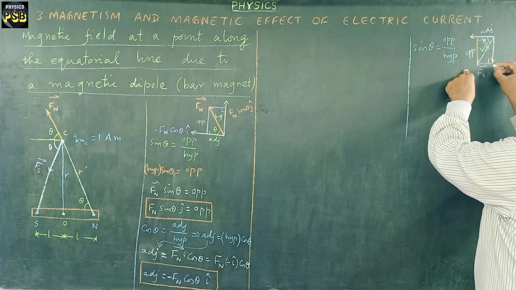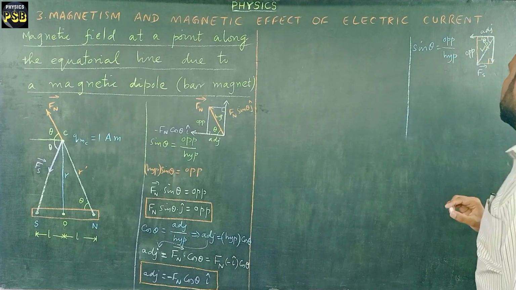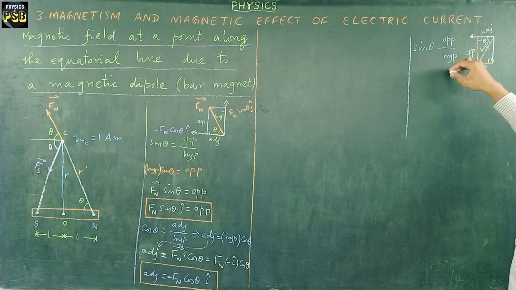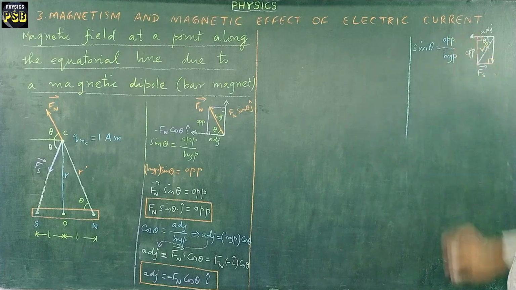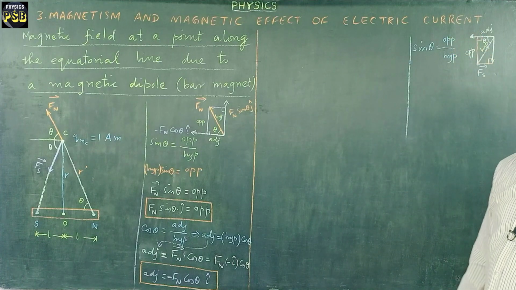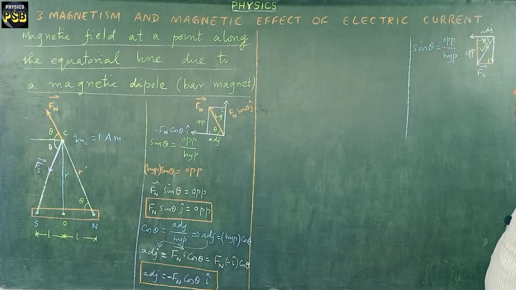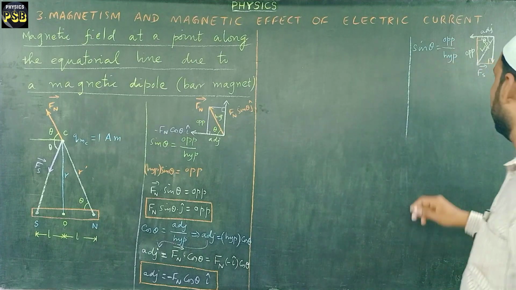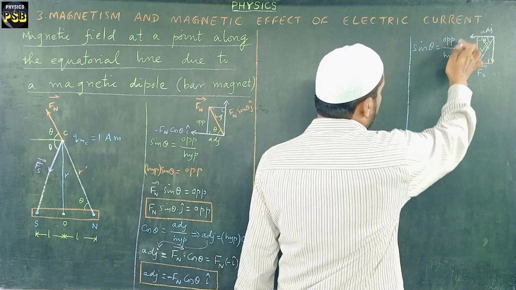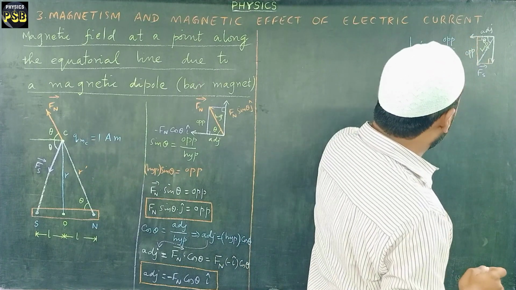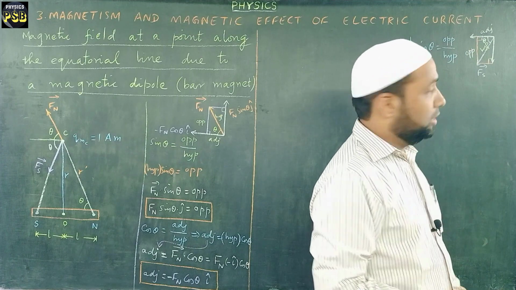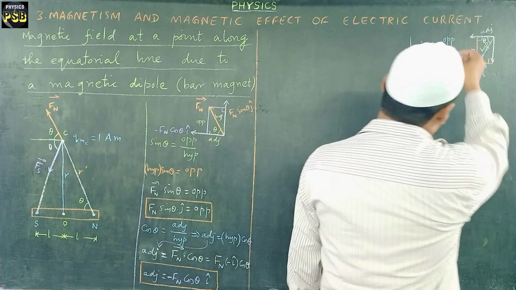This one as well, adjacent side. My aim is to find out the opposite side and adjacent side to get the vertical and horizontal component of Fs vector. I start with this. Now first I will find out the value of opposite side, which will provide me the vertical component. Clear?